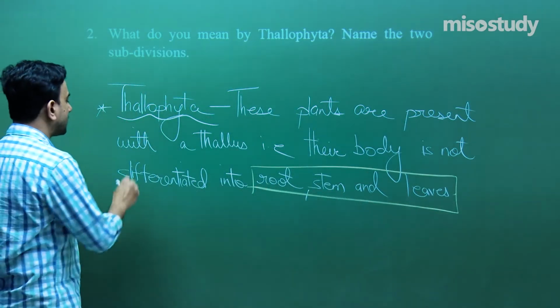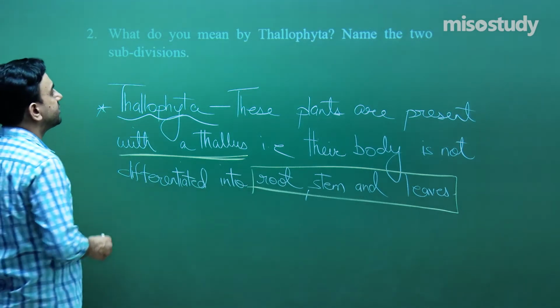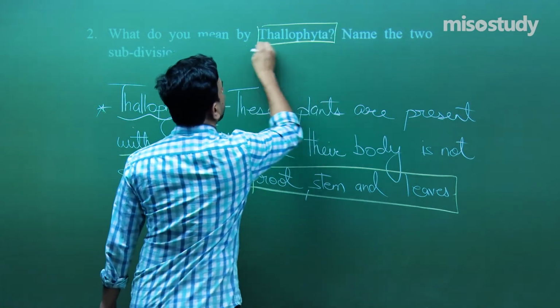These plants are present with the thallus, that is, the body is not differentiated into root, stem, and leaves, and this is what the thallophyta are.